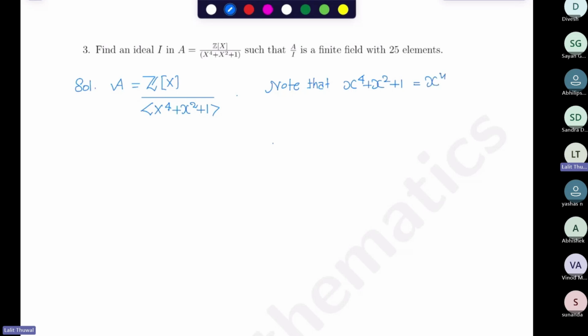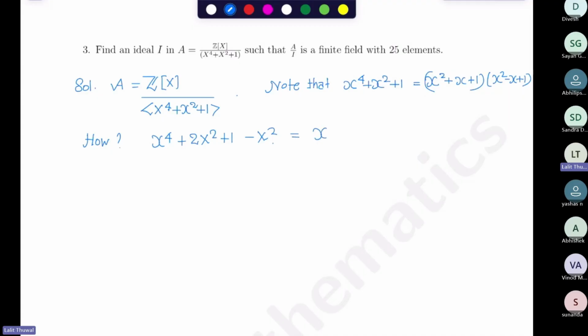So are you students wondering how she got this? She might have used something else, but it's not that difficult. Okay, let me show you how you do this. You have to do just this. How? See, x to the power 4, we can write it as x to the power 4 plus 2x square plus 1 minus x square, right? Yes or no?